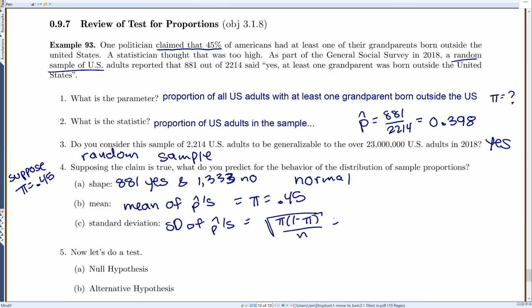So this would be the square root of 0.45 times 1 minus 0.45, all over a sample size of 2214, which gets 0.0105.